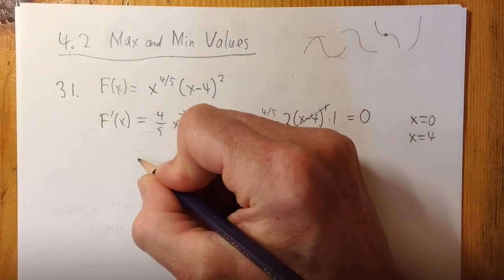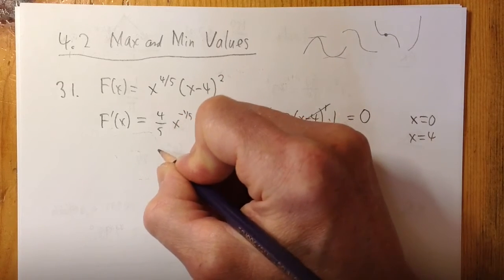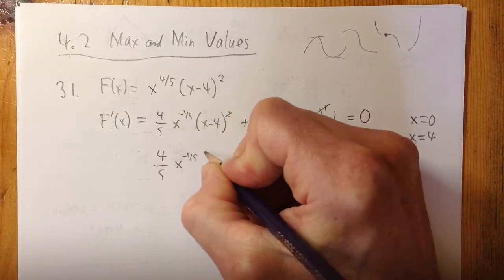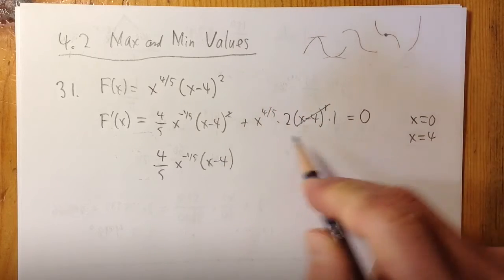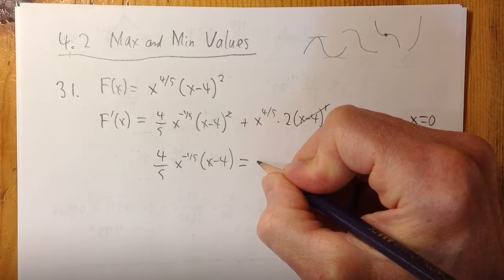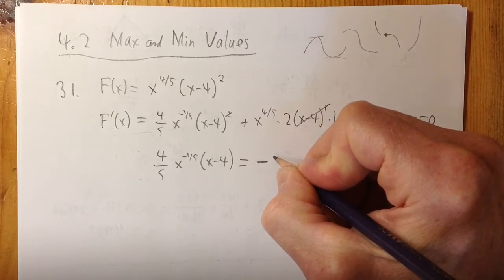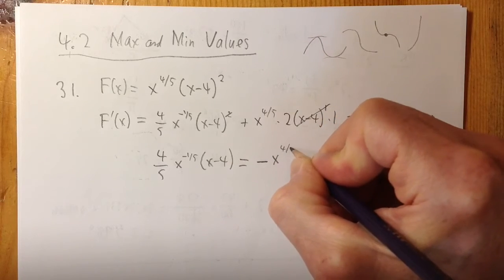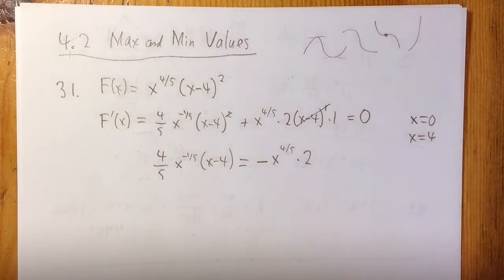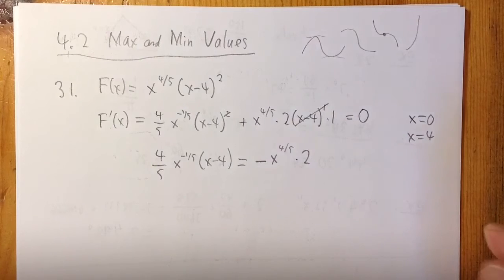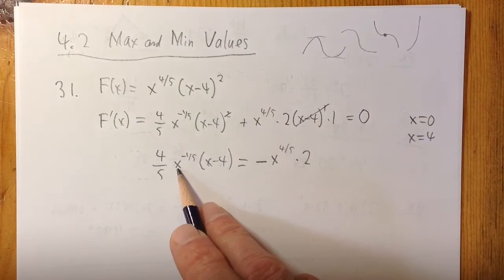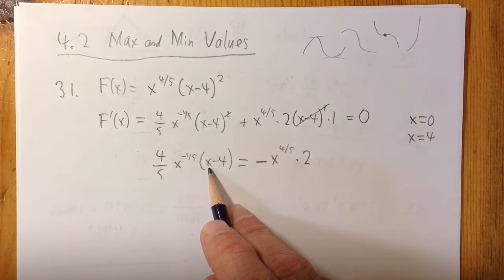Okay, now let's rewrite this. So we have 4/5 x to the negative 1/5 times x minus 4. I'm going to put this on the other side. So that's equal to negative x to the 4/5 times 2, because the x minus 4 went away. Okay, let's multiply this out. X to the negative 1/5 times x.